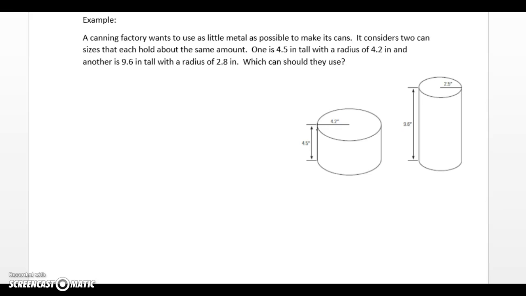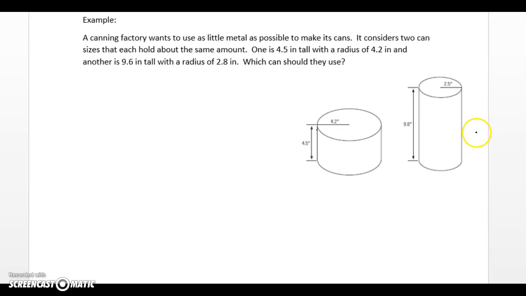One is 4.5 inches tall with a radius of 4.2 inches, and another is 9.6 inches tall with a radius of 2.8 inches. So we want to know, which can should they use? Should we choose this smaller but wider can, or the taller and thinner can? Which one would use less material?